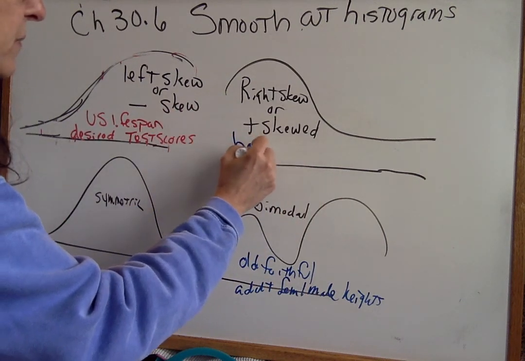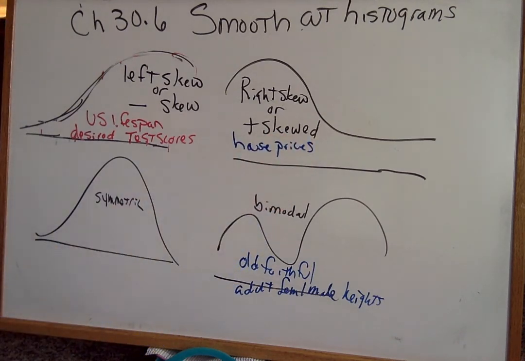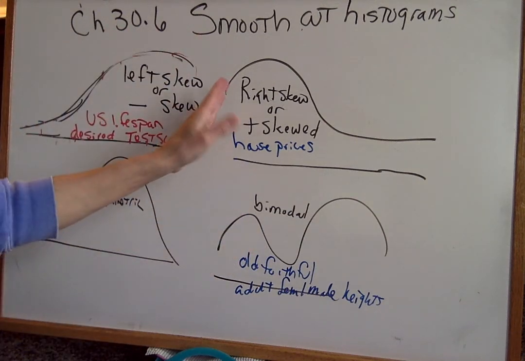House prices. I tend to talk about house prices a lot in stats class, mainly because house prices are one of the indicators of the economy. So a lot of times you'll hear them talking about it in the newspaper or on the internet. And what this is indicating, let's just go with Rockingham County.